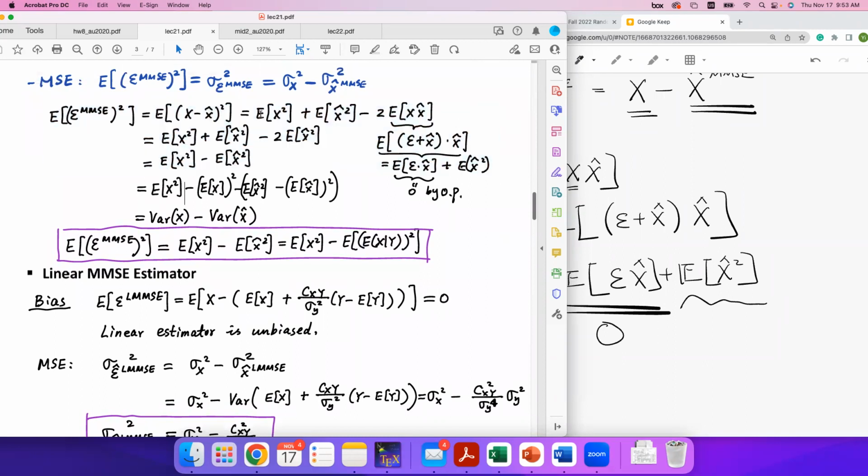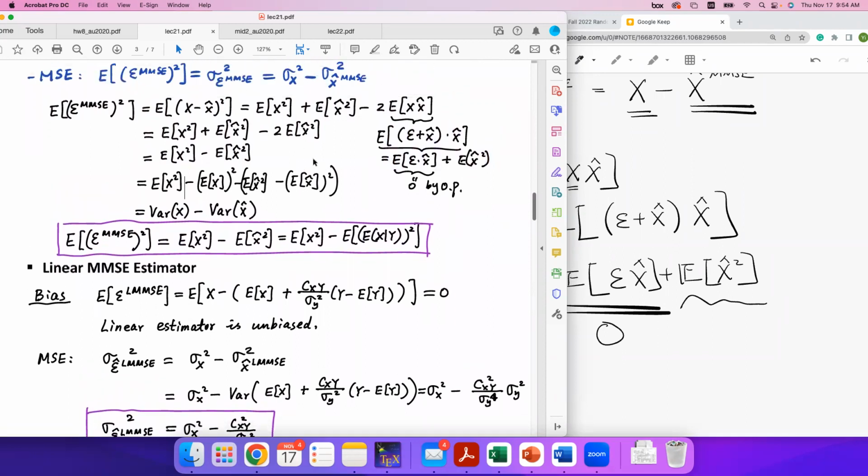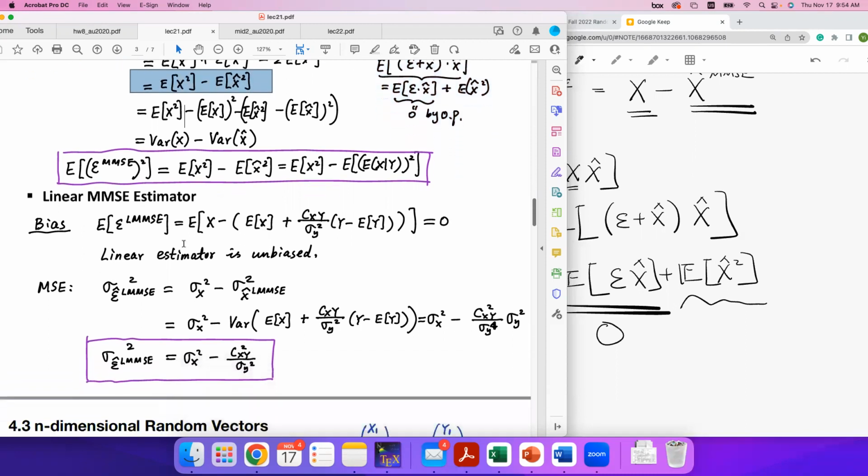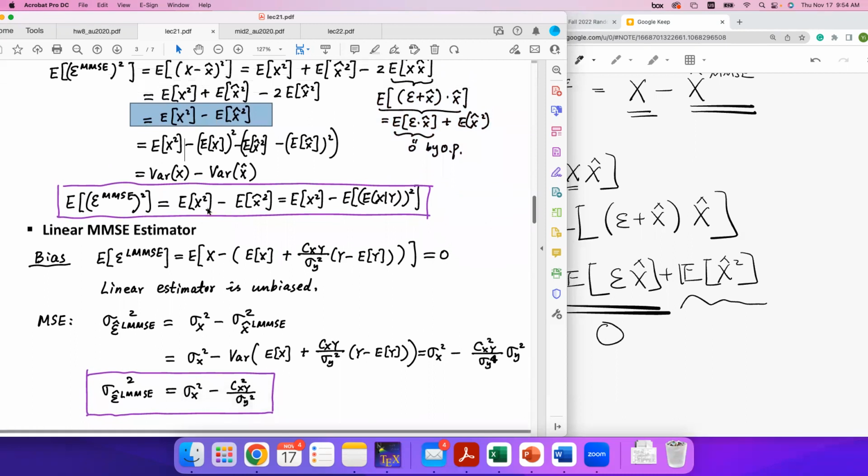We just do a quadratic expansion, and here we utilize the orthogonality principle to simplify that. Expanding the quadratic expression universally holds everywhere, and this orthogonality principle also applies to all these cases. So this result also applies to the linear MMSE case.